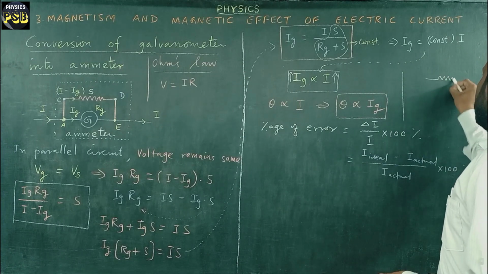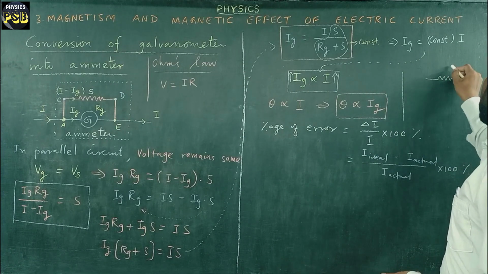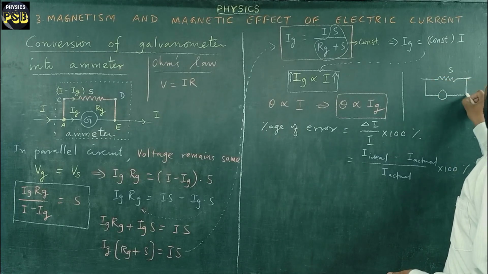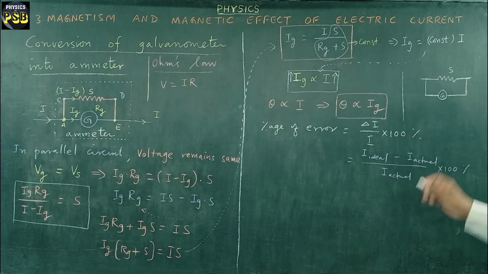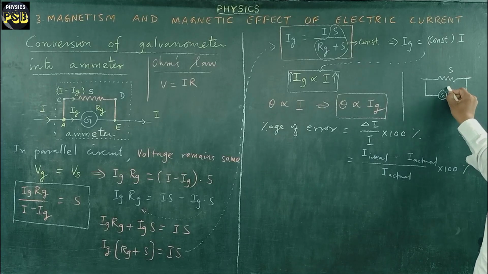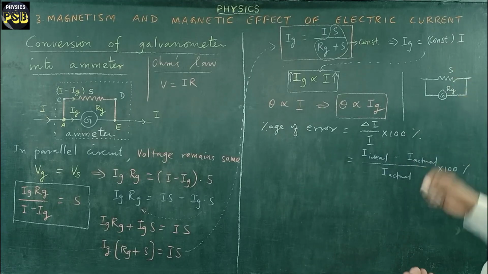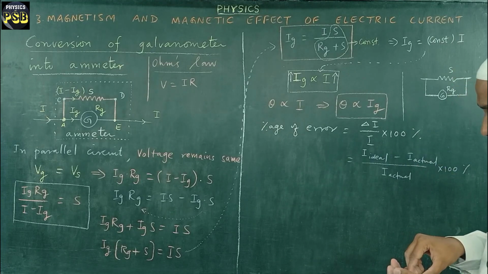See, here we have a shunt resistance connected in parallel to a galvanometer. Fine. Here galvanometer offers resistance Rg and this shunt resistance offers resistance S.